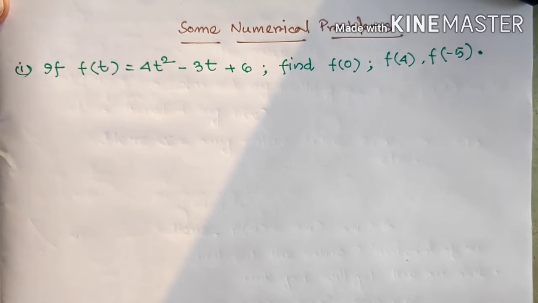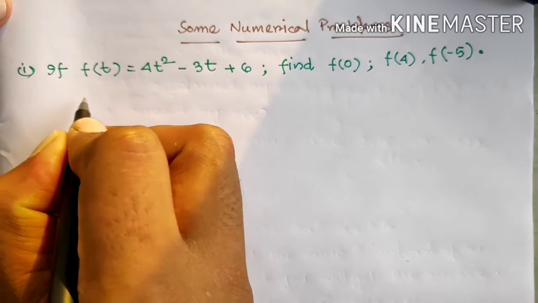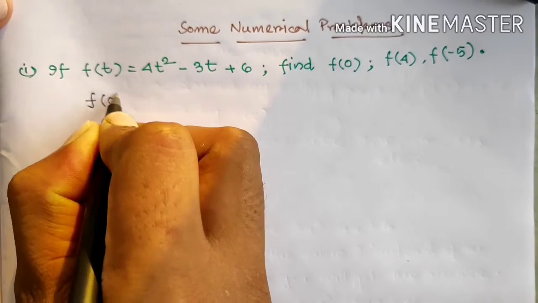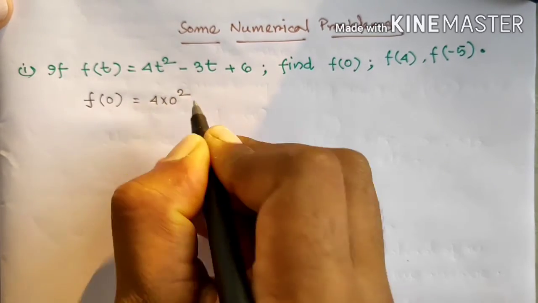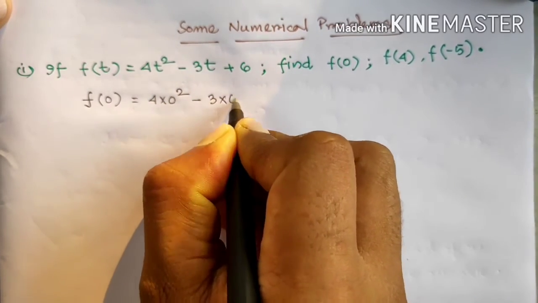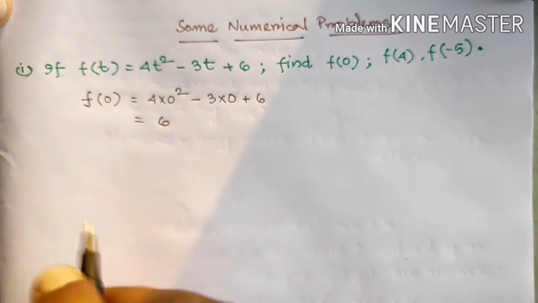Now we solve some numerical problems. Number 1. If f of t equal to 4t square minus 3t plus 6, then find f of 0, f of 4, f of minus 5. Now f of 0 equal to 4 into 0 square minus 3 into 0 plus 6, which gives 6.